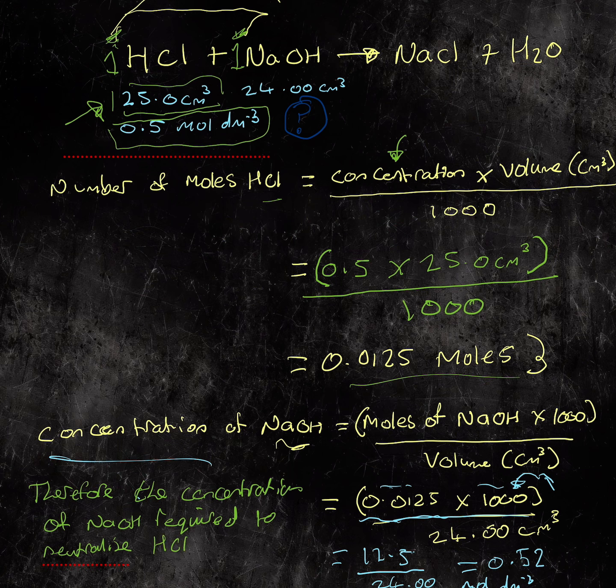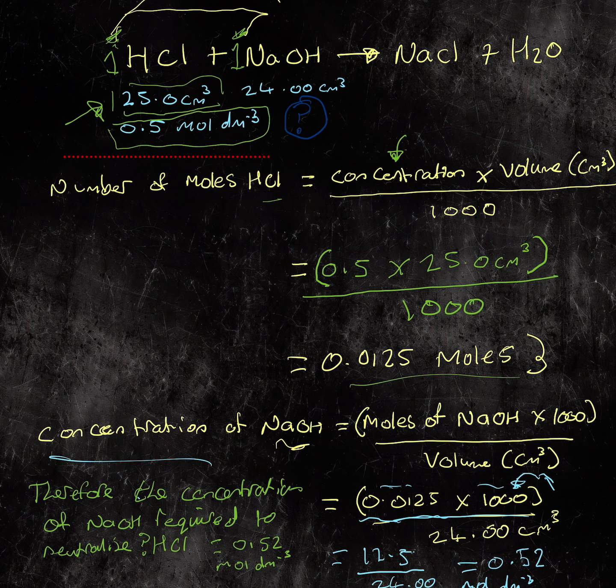You can put quantities in there, I'm just doing it rough. Therefore, the concentration of NaOH required to neutralize however much of hydrochloric acid, as per what the question asks you, you have to check what the question's asking you, equals 0.52 mole per dm cubed. Make sure you put the mole per decimeter cubed at the end, 0.52.